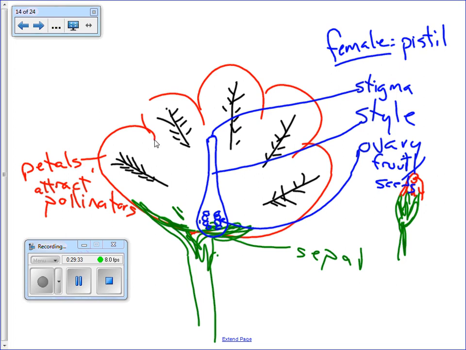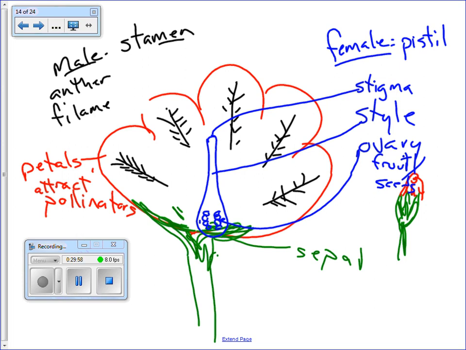And then you've got the male parts of the plant. The male parts, all together, I'll call the stamen. It has the word men in it. That helps you remember it's the male parts. The stamen is made of the anther and filament.